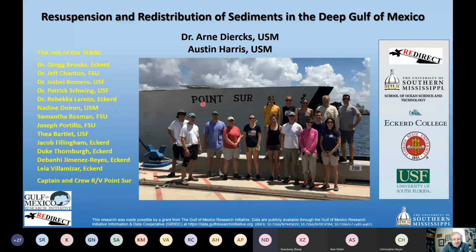Did everything from collecting samples. It was two teamwork out there, and it was a fabulous cruise. We got great data and great cores out of it. I'll show you some more in a little while. And Austin is actually working on these cores and is hopefully getting soon to the part where he is finishing up with his master's thesis on this.